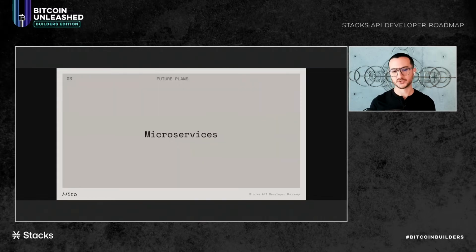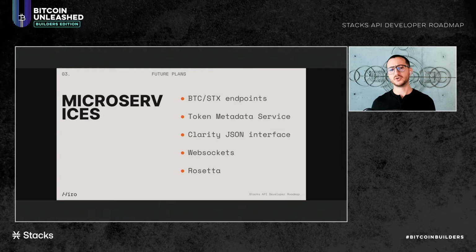Lastly, microservices. So I'm sure you know the API right now is a great component. It has a lot of power, but it's also becoming a little bit complex in what it does because it has to do a lot of different things. So our goal is to keep the API as a core component on the ecosystem that you can use to index chain data, and then split up the different features into microservices that you can pick and choose for your specific application.